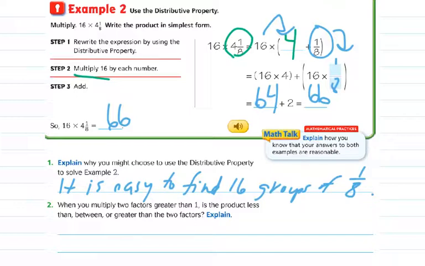Number 2 says, when you multiply 2 factors greater than 1, the product is less than, between, or greater than the 2 factors? For this particular example, in the last 2 problems, we saw that it would be greater than the 2 factors.